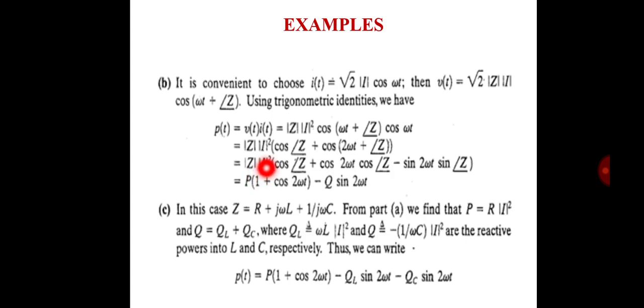So Z I square cos Z in the bracket: 1 plus cos 2 omega t minus sin of angle Z sin 2 omega t.